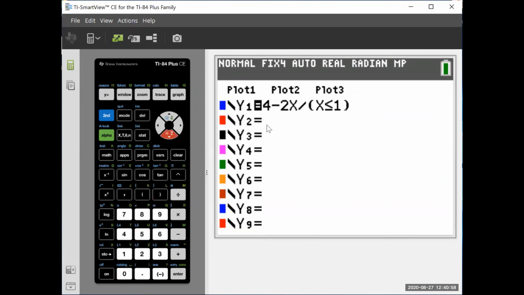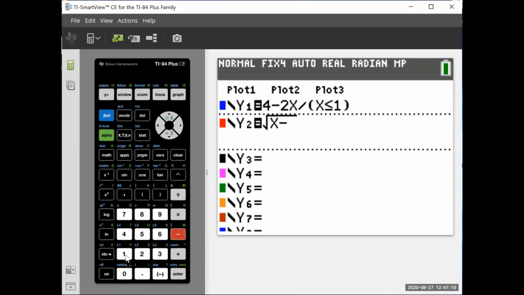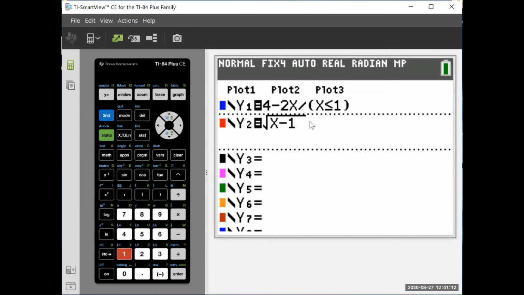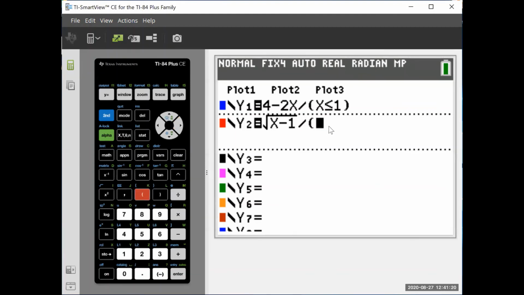Here you are going to type your second function, which is the square root. If you hit second and square, you'll get the square root. Inside the square root, you need x minus 1. Move your cursor outside the square root and put a slash, the division sign. Begin a parenthesis to write a condition.